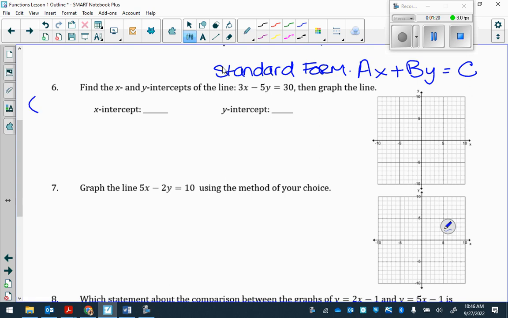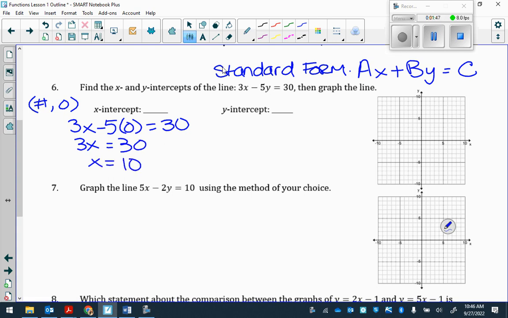Okay, x-intercept is your number, comma 0. So again, you could get it into y equals mx plus b if you wanted to, but for x-intercepts, you would have to solve for x, right? So we substitute 0 in for y, so 3x equals 30, x equals 10.